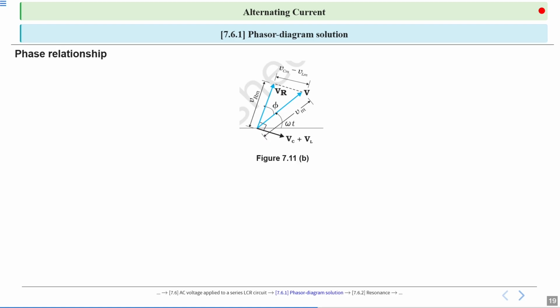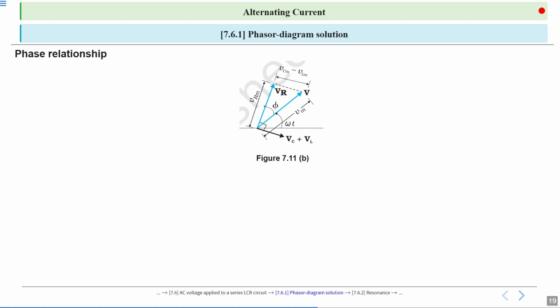Now this V has amplitude Vm equal to Im Z. VC minus VL has amplitude Vcm minus Vlm, which equals Im times Xc minus XL.